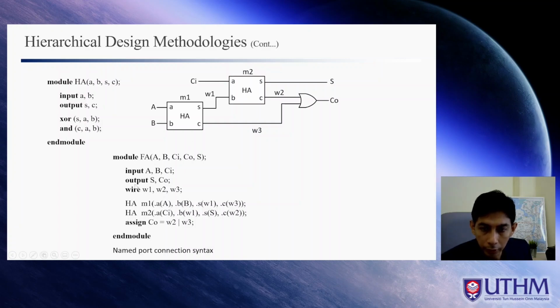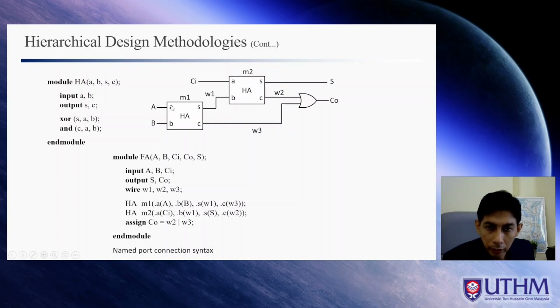So we have outputs S and CO, inputs A, B, CI, and we have internal wires. So these are internal wires W1, W2, W3, right? And all are 1 bit in size.